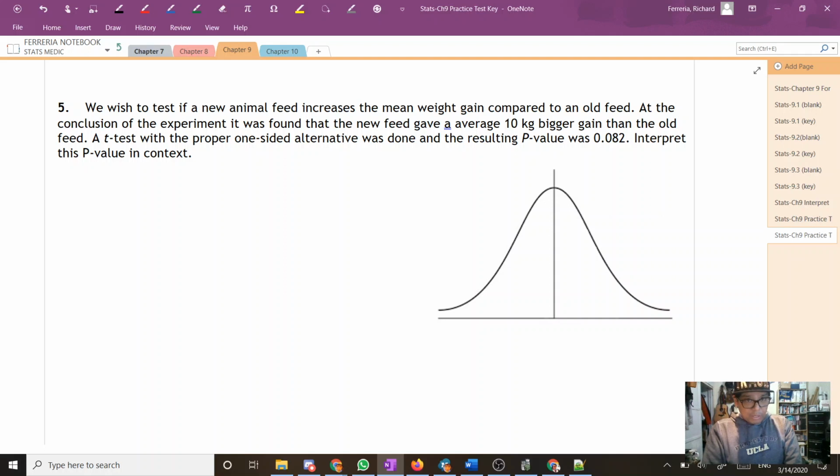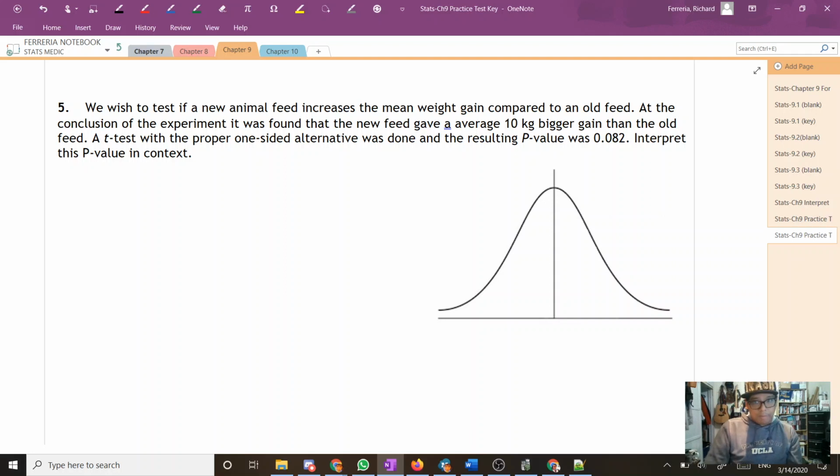A t-test with a proper one-sided alternative, lifts up its pinky when it drinks tea, was done, and the resulting p-value was 0.082. Interpret that p-value in context.